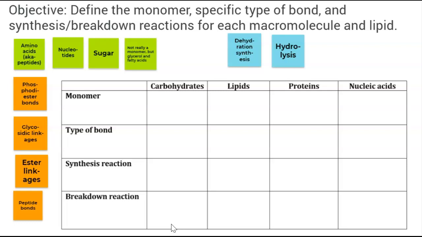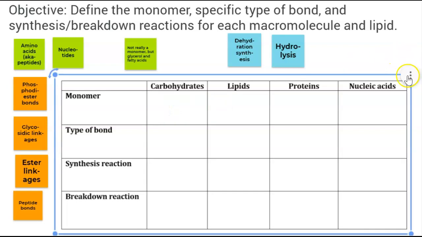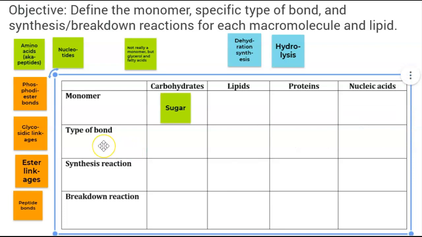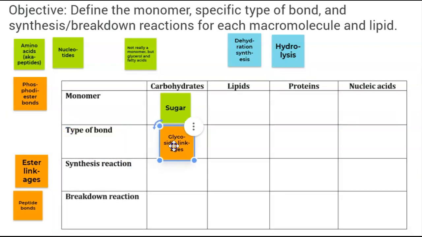And so what we learned just a little bit ago is that the monomer for carbohydrates is a sugar. Okay, so a sugar monomer. And then the specific type of bond were glycosidic linkages. And then here, it's kind of in the name up here for these two, where the synthesis reaction is dehydration synthesis.